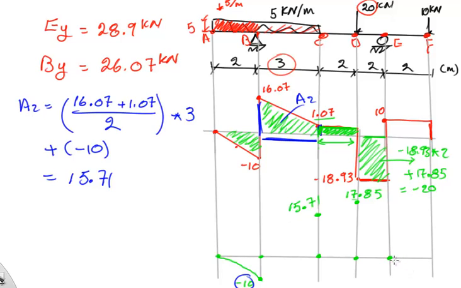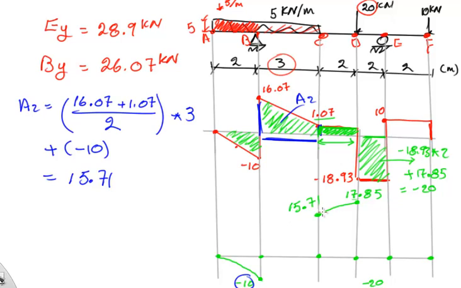So the moment here is minus 20, so let me write it a little bit higher so I can see it, guys. Minus 20. And the moment at the end, since it's a free end, is 0.